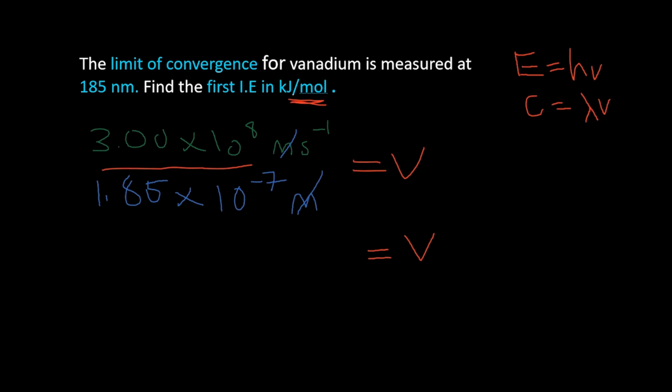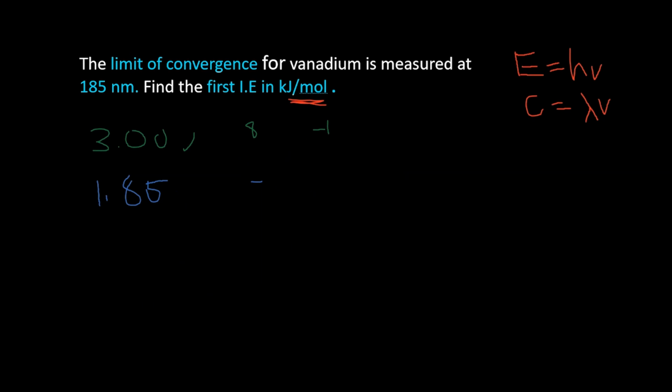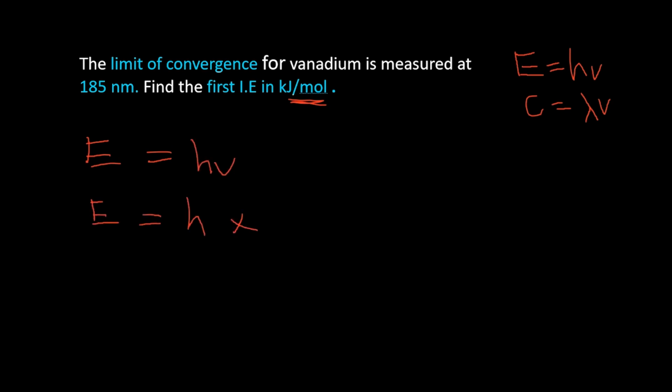calculation. Yeah, 1.623 times 10 to the power of 15. Now we know that the frequency is the common thing that we have from both formulas. So we write it again as energy equals Planck's constant times the frequency that we got, 1.623 times 10 to the power of 15.